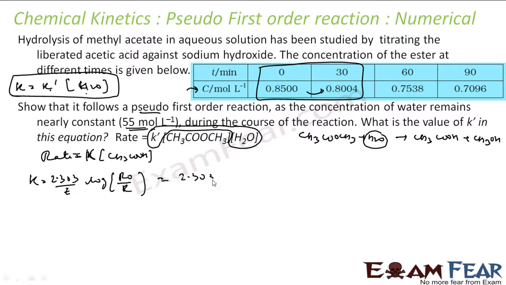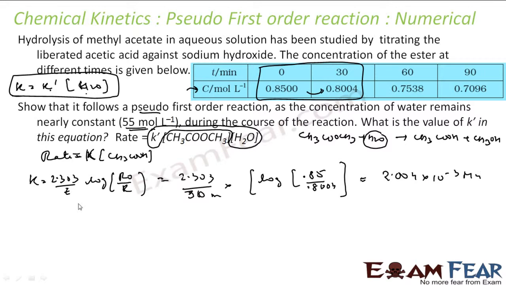This becomes 2.303, time is 30 minus 0, which is 30 minutes, into log of R naught, the initial concentration 0.85, final is 0.8004. And if you solve this, this becomes almost 2.004 into 10 to the power minus 3 per minute.